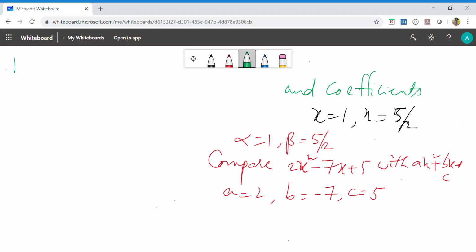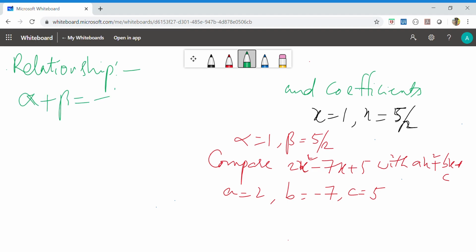So the relationship is alpha plus beta is equal to minus b by a, and alpha beta is equal to c by a.